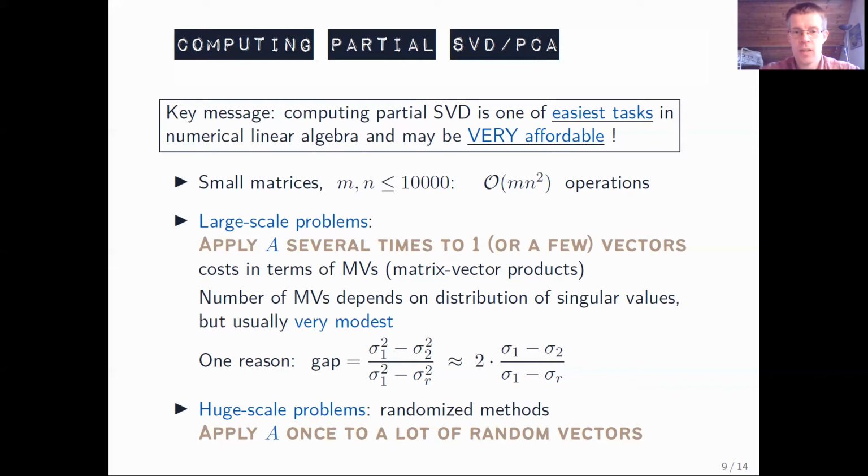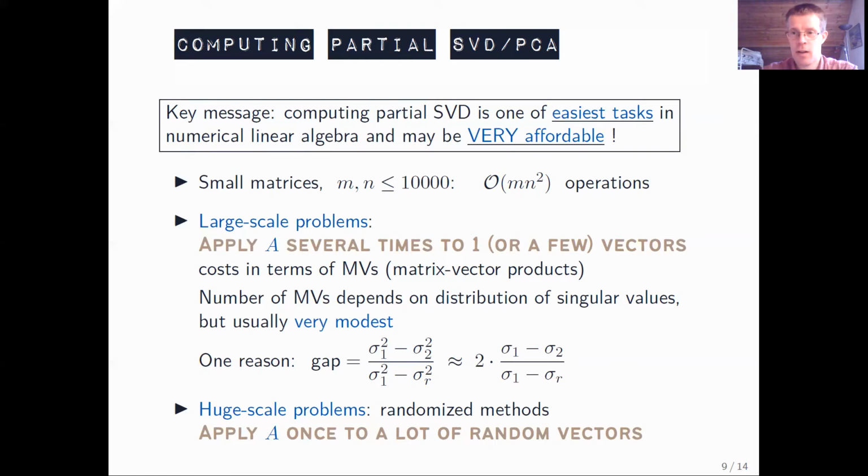So for small matrices, and small, you can nowadays think, for instance, dimension of about 10,000, this SVD takes order mn squared operations, where n is assumed to be smaller than or equal to m here. So at some point this stops. But for instance, if you try this in MATLAB, usually it is a pleasant surprise how fast the SVD routines are.